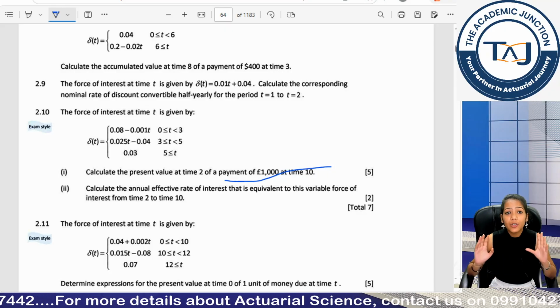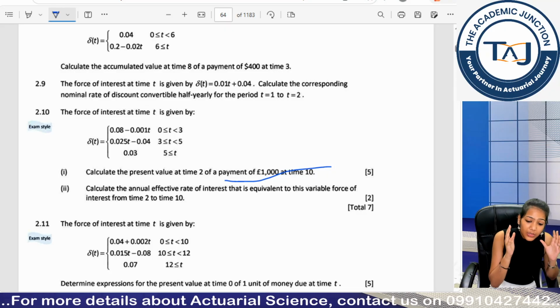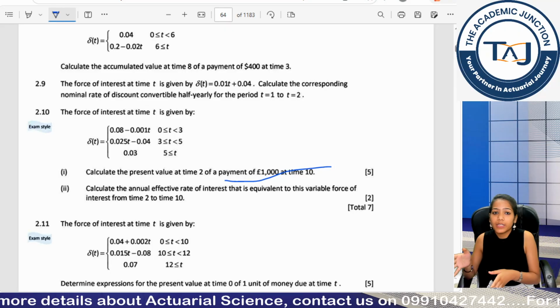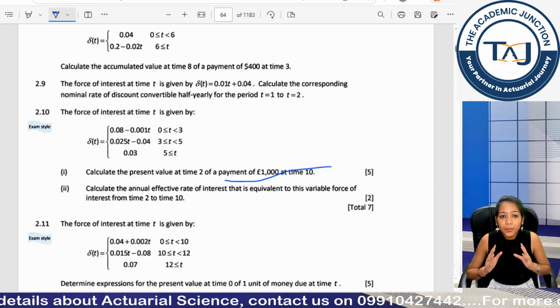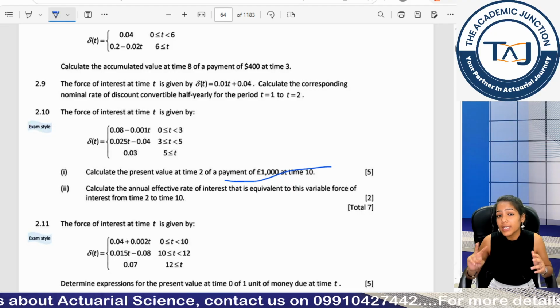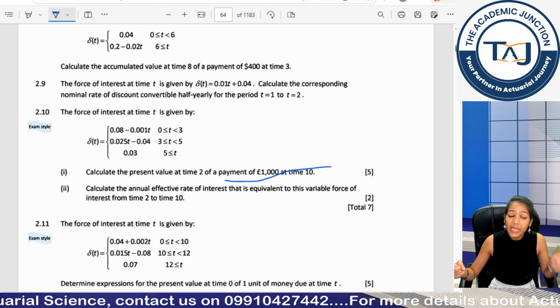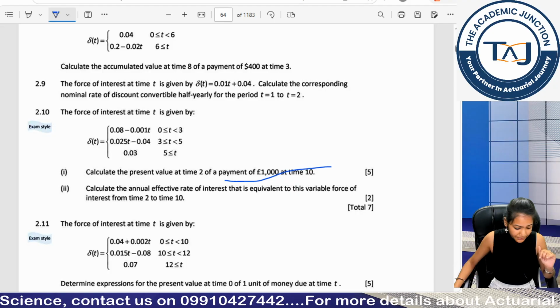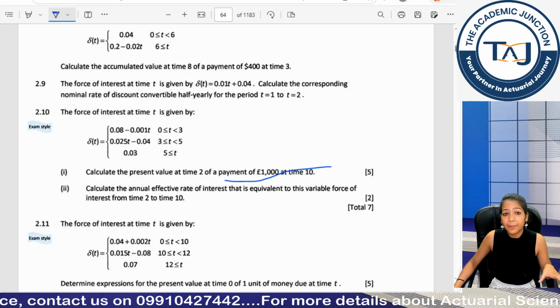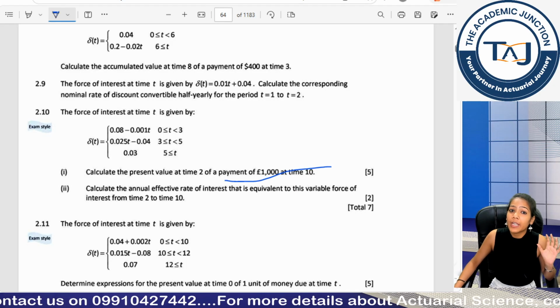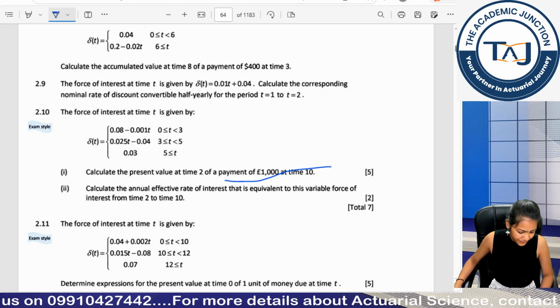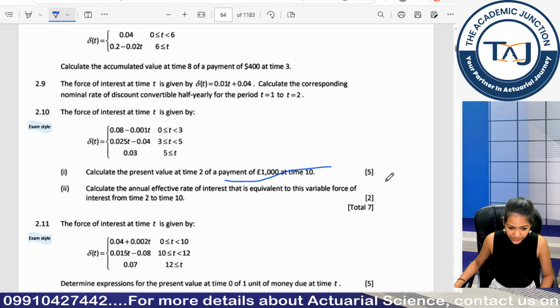Your mind will only go into typing or into solving the question. So you have to build the practice of doing two things simultaneously, thinking about the answer and typing the answer at the same time. Please start your typing from day 1 of your actuarial preparation. So let's do it.